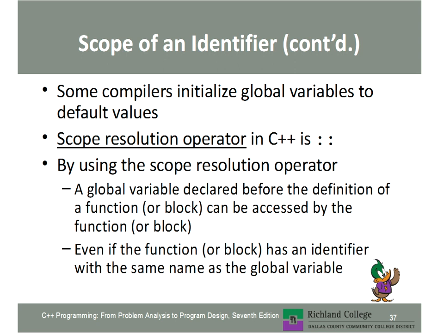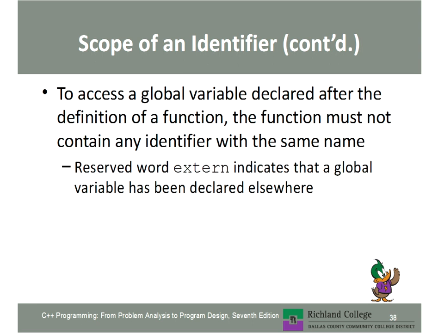In C++, the way that we actually access global identifiers is with the scope resolution operator, which is the :: operator. By using the scope resolution operator, a global variable declared before the definition of a function or a block can be accessed by the function or the block, even if the function or block has an identifier with the same name as the global variable.